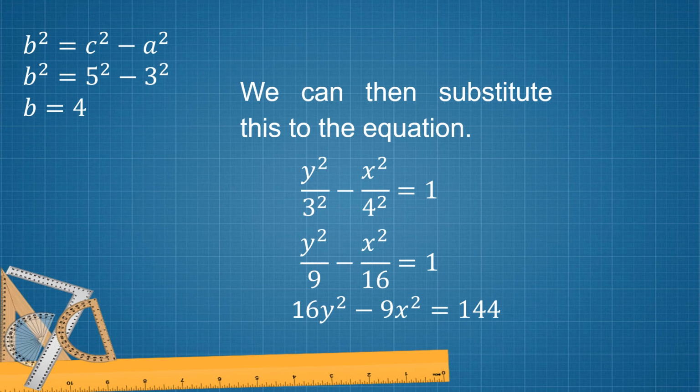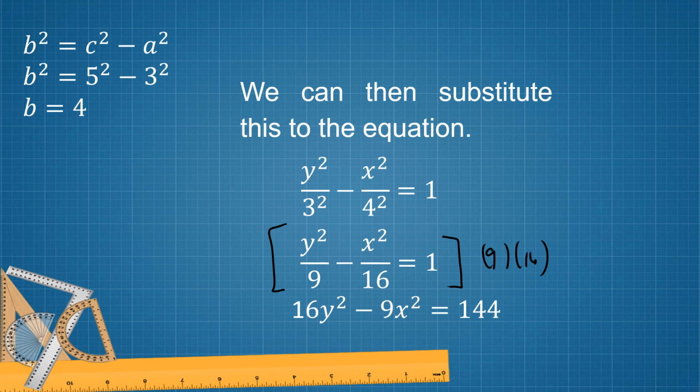Now, how are we going to get the general form of the equation of a hyperbola? We need to multiply both sides by its LCD, and that's 9 times 16. 9 times 16 divided by 9, the 9 cancels, it will be 16. 16 times y squared is 16y squared. Next, 9 times 16 divided by 16, the 16 cancels, so what remains is 9. 9 times x squared is 9x squared.